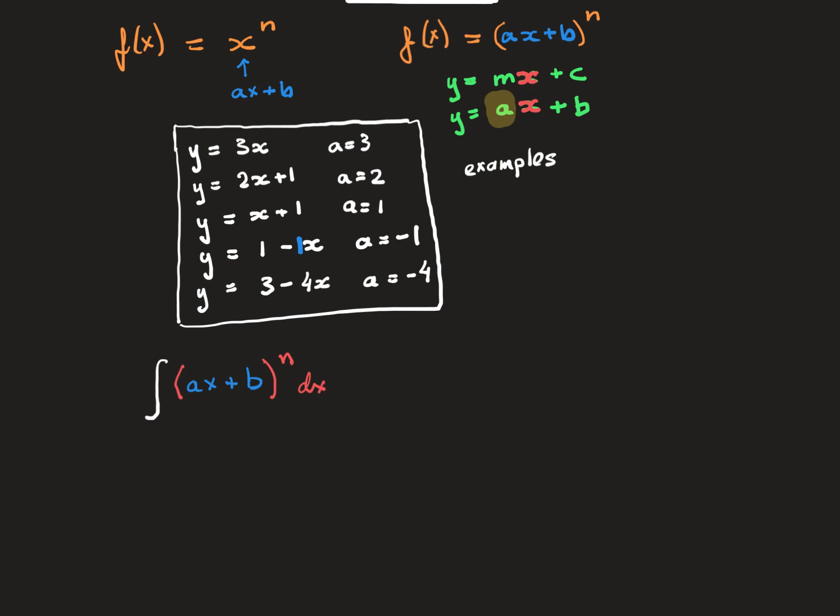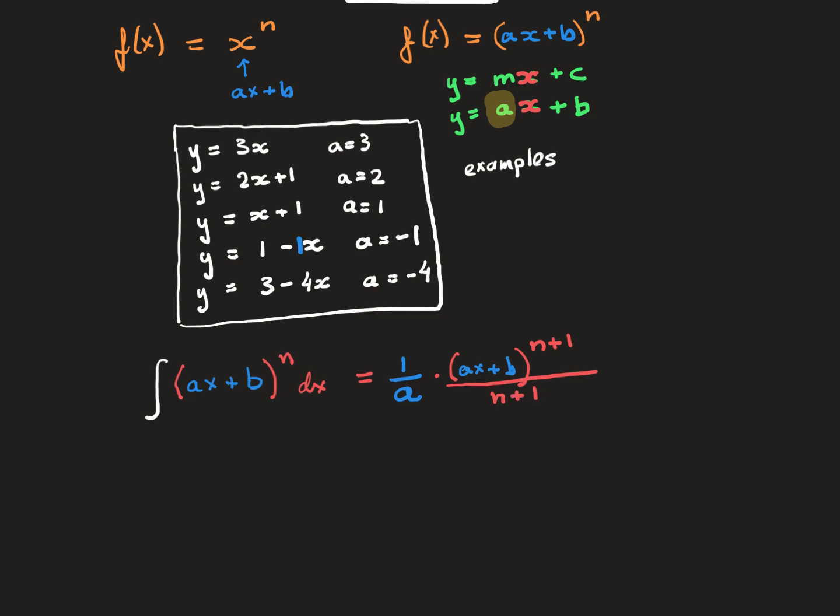So the rule for this will be to look at that linear function and take the a out and take 1 over a. The second part of this rule will be to rewrite that function here again, the ax plus b, and add 1 to the exponent, and then also divide it by the new exponent.